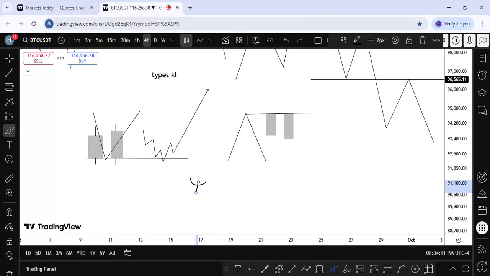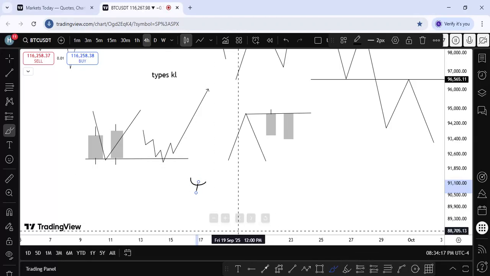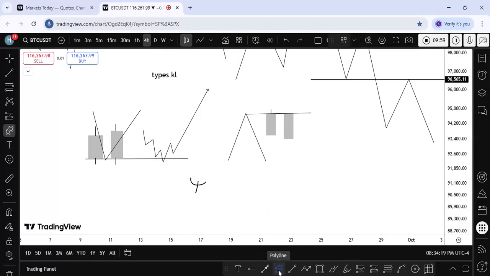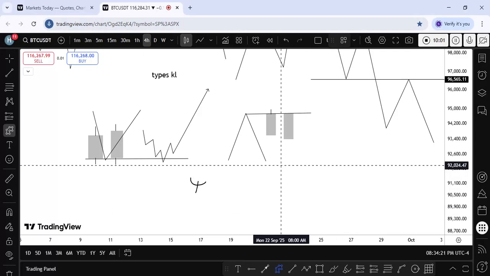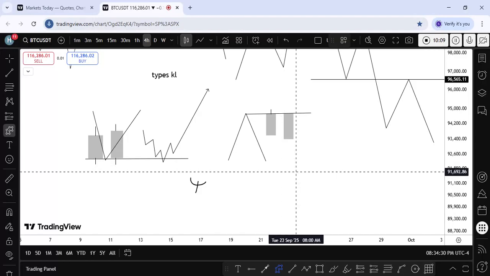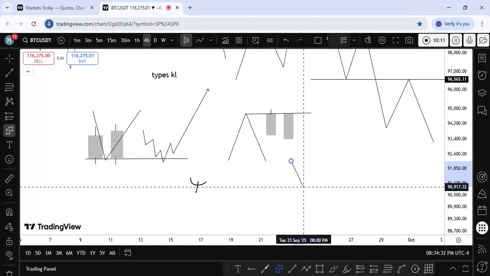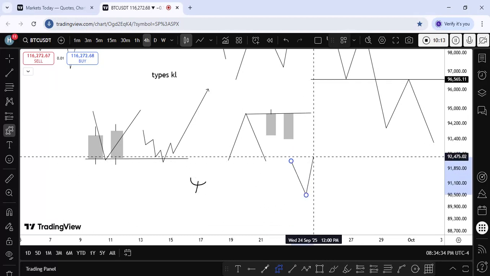Let me just give you guys some more examples of how the key levels also function, because key levels are of different forms. There are some advanced key levels, you must have heard of it.